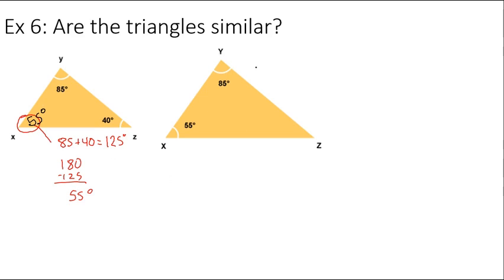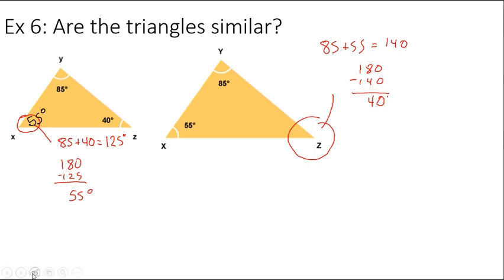Okay. Now over here, same thing. To find this angle, I just take 85 plus 55, which is 140. And then 180 minus 140 is 40. So right here I put in 40 degrees.